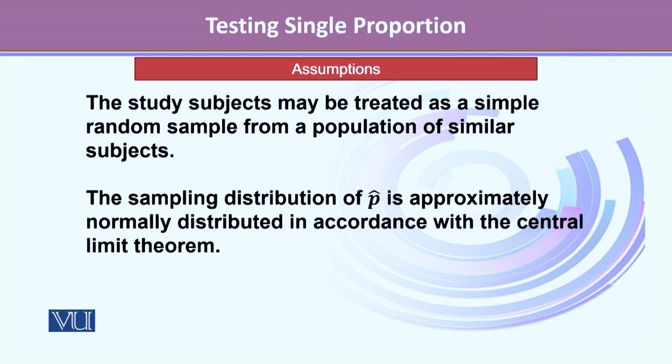Using this information, we test the assumptions. The first is whether the study subjects may be treated as a simple random sample from a population of similar subjects. The second assumption states that the sampling distribution of p hat is approximately normally distributed in accordance with the central limit theorem. Since the sample size is sufficiently large, we can assume that this assumption is satisfied.